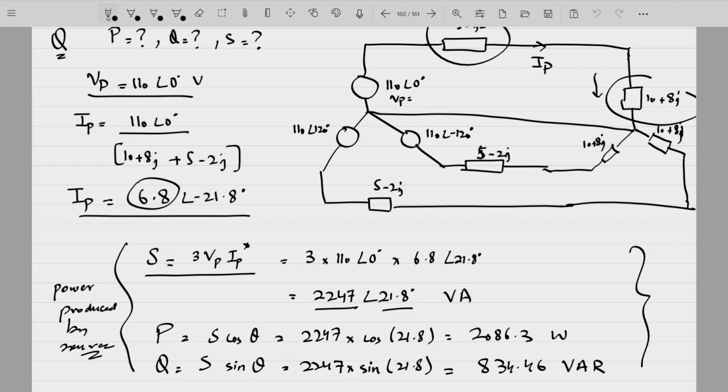So once you have IP and VP, the power generated by the source is given by 3 VP IP conjugate. This is our complex power. If we only want the magnitude of the apparent power, it is 2247 VA, our real power is 2086.3 watts, and our Q is 834.46 VAR.